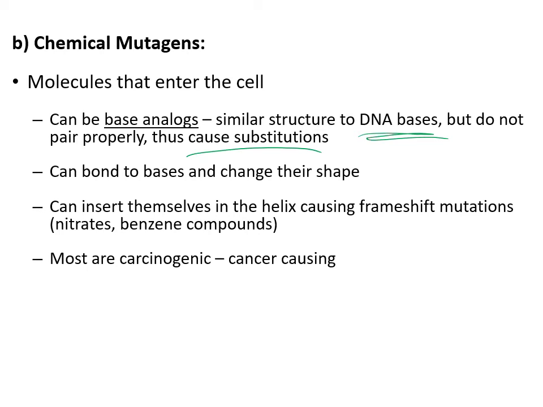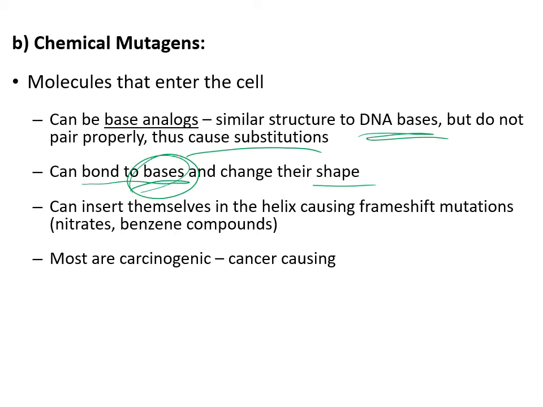It's not actually made of the proper bases, and so this is going to change how the DNA is being read, which is going to be a mutation. They can also bond to the bases themselves, so not just replace them, but actually mess with how they are interacting, and that way is going to change the shape of the DNA, again affecting how it's going to be copied and read.